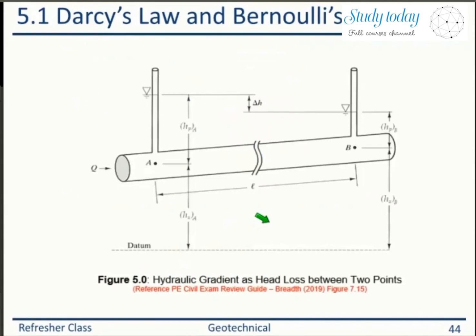So what is that? If you look at your water resources theory, let's say this is your pipe, right? You have a point A here and point B there on this pipe.